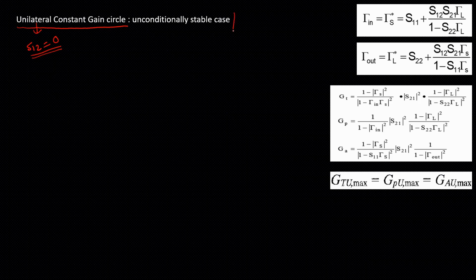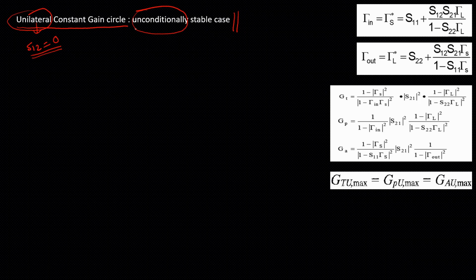But the topic for today is the unilateral case when the circuit is unconditionally stable. Why am I not taking the case of a potentially unstable circuit? Because till now I haven't gone through the stability criteria, how to stabilize my circuit. When I take up the stability topic, I'll extend this topic to unstable circuits also.